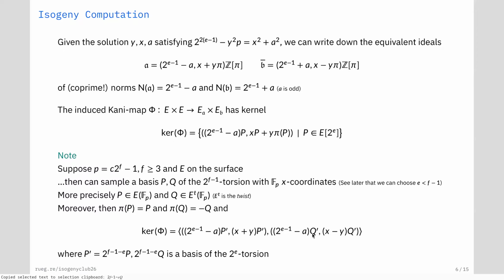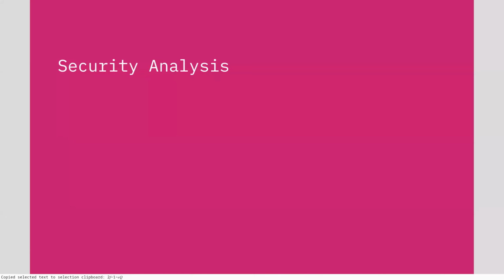So let me move on to the security analysis of this sampling algorithm. We said we're going to sample some ideals, so how are they distributed in the class group? Are there enough of these? How large does the e need to be in the 2^e parameterization so that our key space is large enough?